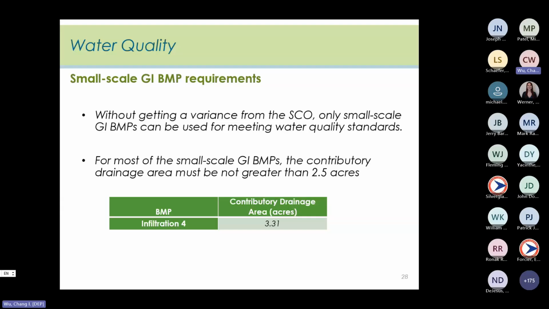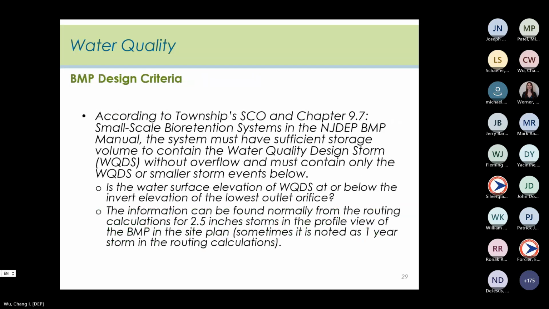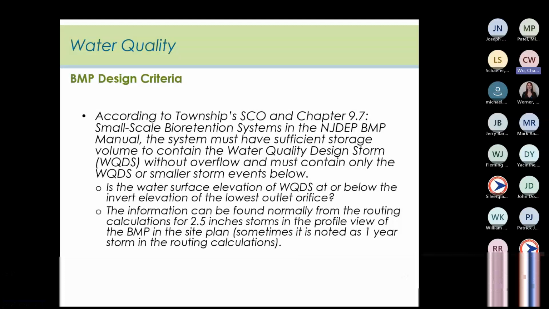Infiltration number 4, as we mentioned many times, is not a small-scale GIBMP, so it cannot be used to treat the water quality requirement. The second thing to check is if the entire water quality design storm runoff volume is to be treated by the proposed BMP.